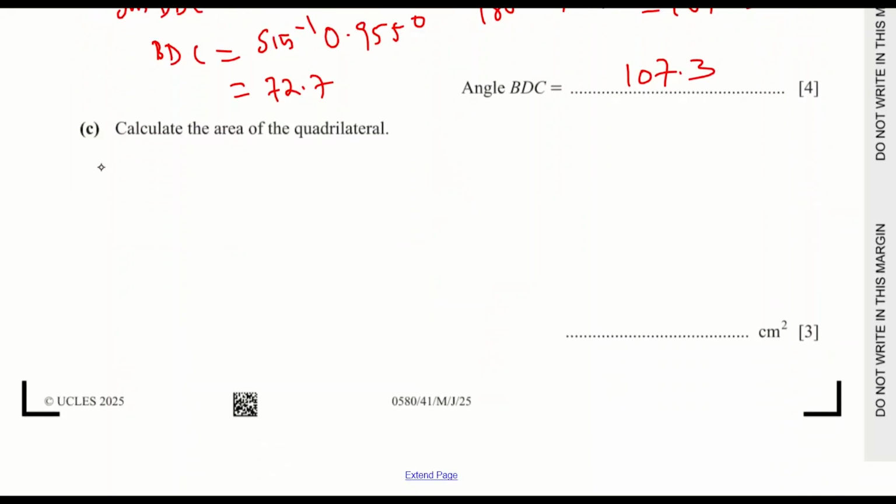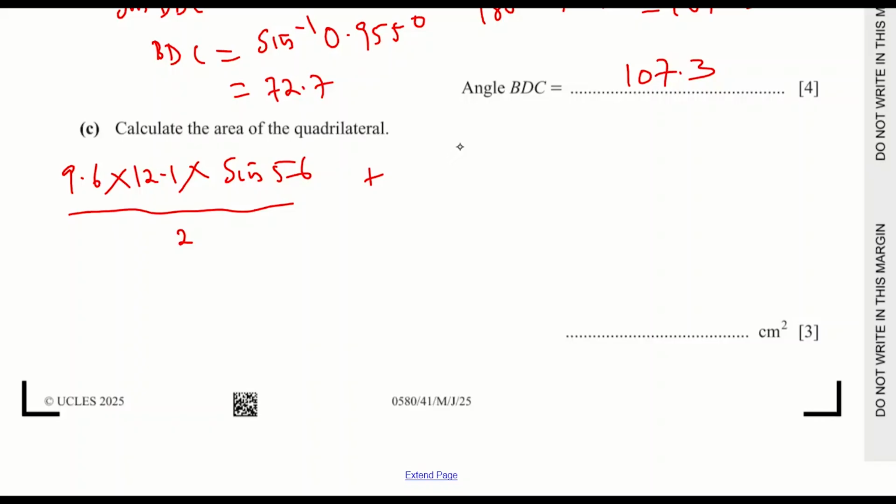So the area of triangle ABD will be 9.6 multiplied by 12.1 multiplied by sine 56, everything divided by 2, plus the area of triangle CBD.